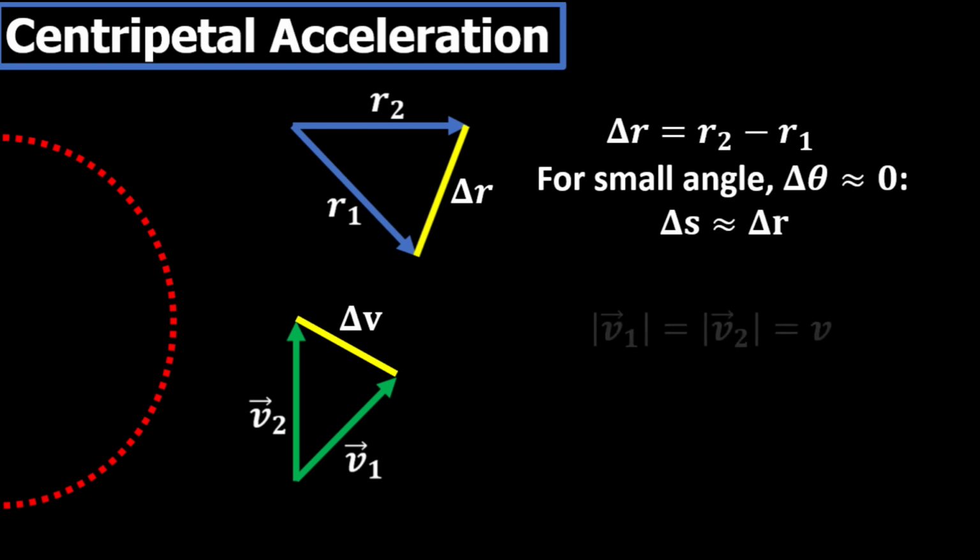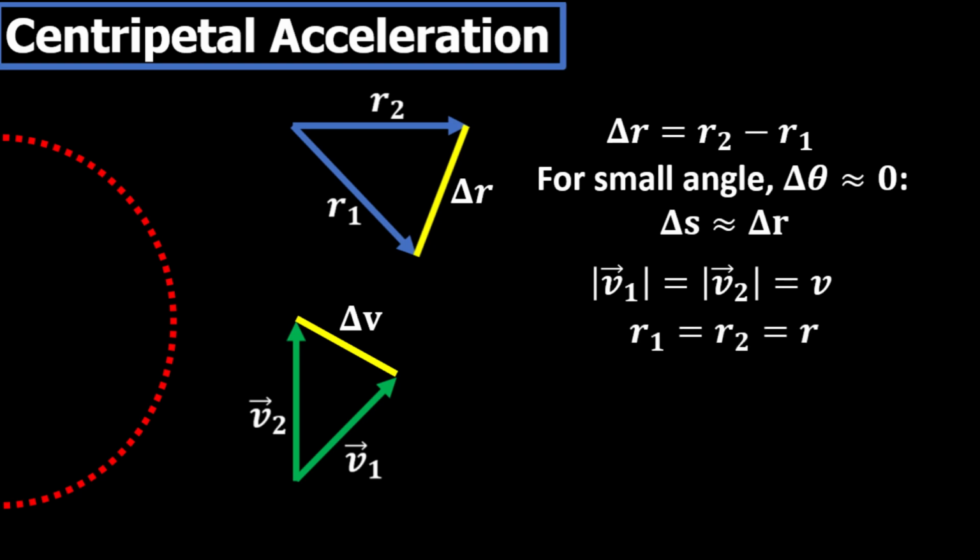What else do we need to say? Because the magnitude of the velocity is the same, we can say that the magnitude of v1 and the magnitude of v2 is v. Let's simplify that. And because it's a circle, our r1 and r2 will be the same as well.